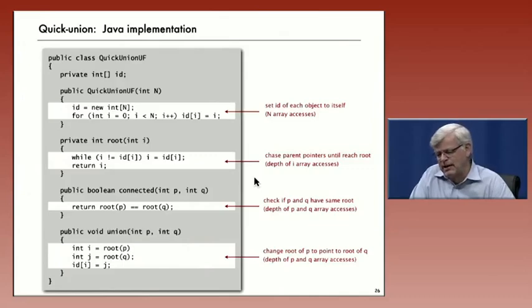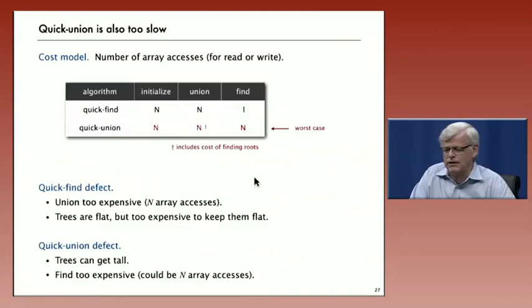So now we're going to have to look at can this code be effective for large problems? Unfortunately, quick union is faster, but it's also too slow. And it's a little different kind of too slow than for quick find. There's times when it could be fast, but there's also times when it could be too slow.